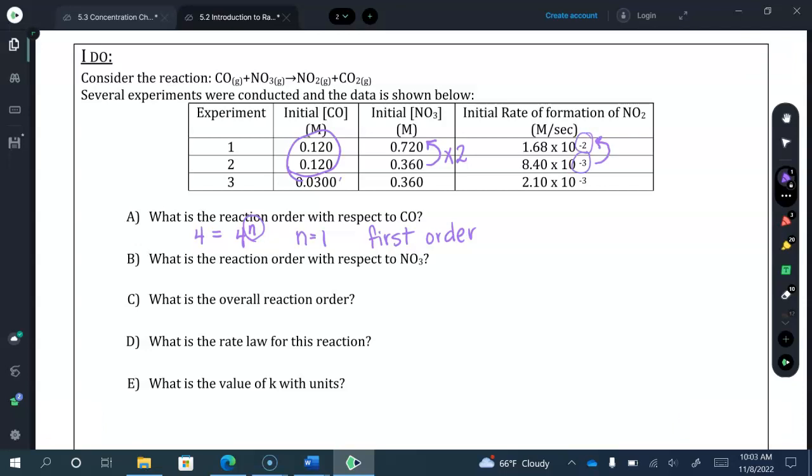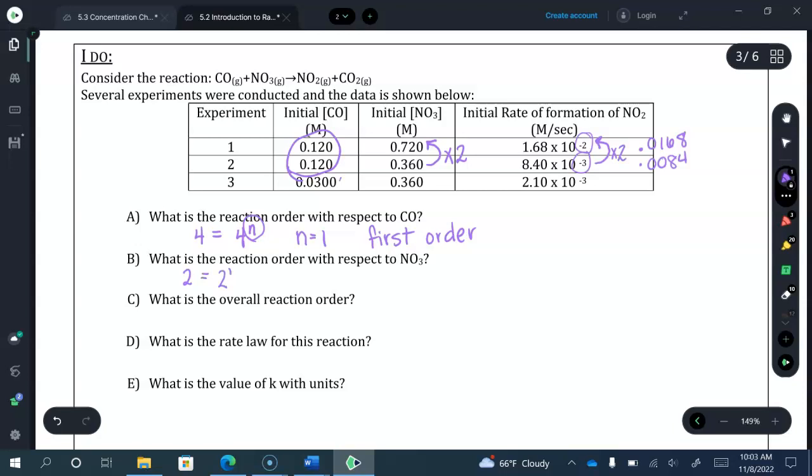Okay, we see that this is going from 0.0084 to 0.0168. We see that that is multiplied by 2. So we have 2 from our concentration is equal to 2 to the nth power from our initial rates. And then for this one, n has to be 1.